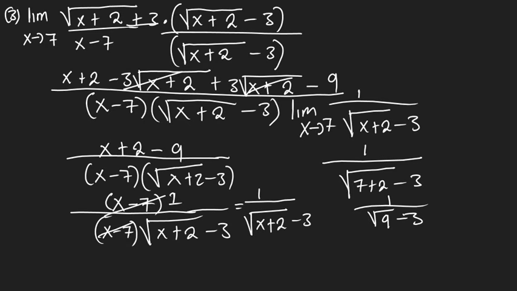Okay, so 1 over the square root of 9, this is going to be 1 over 3 minus 3, it's giving us 1 over 0. Whenever you find something like this, even after manipulating a function, what it is basically telling you is the limit does not exist. Okay, the limit does not exist.